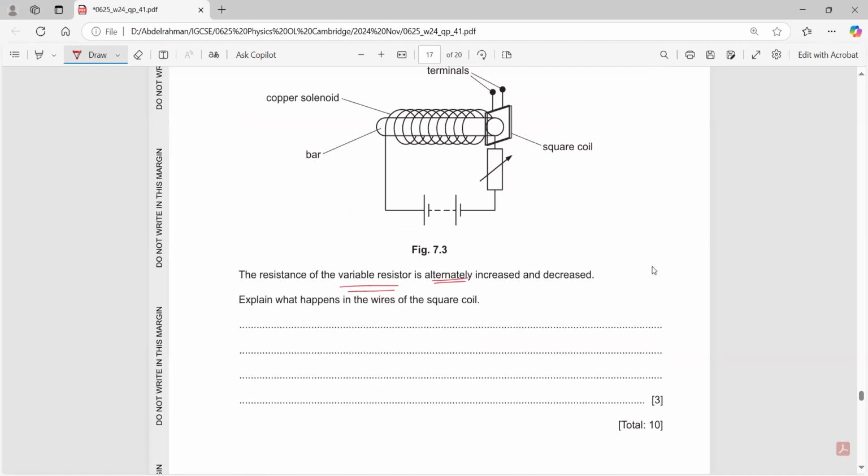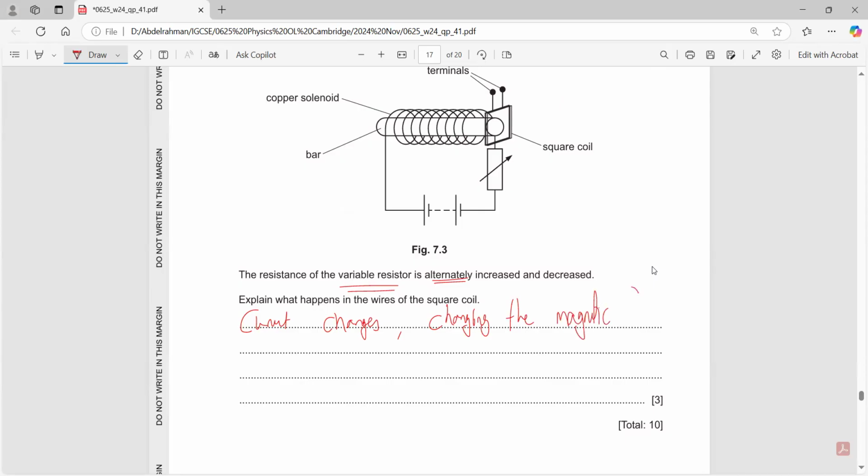So as the variable resistor increases and decreases, the current changes, increases and decreases, and thus the magnetic field changes.